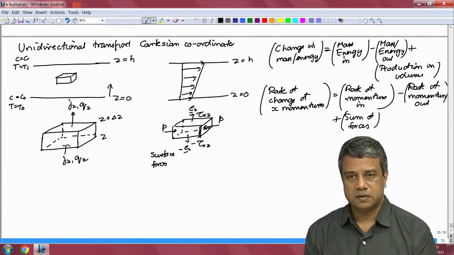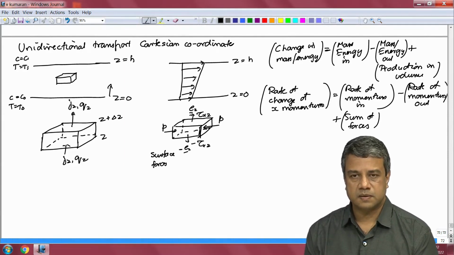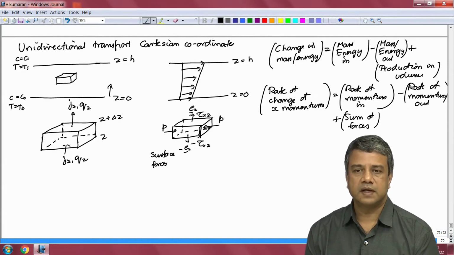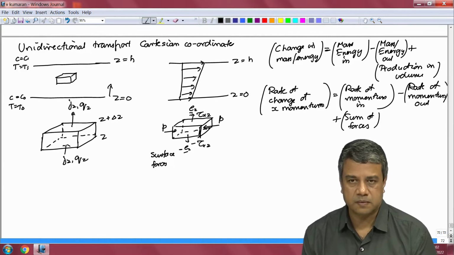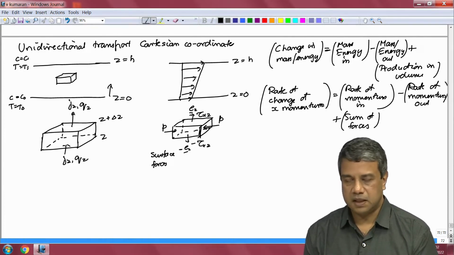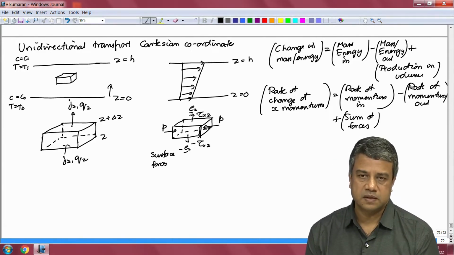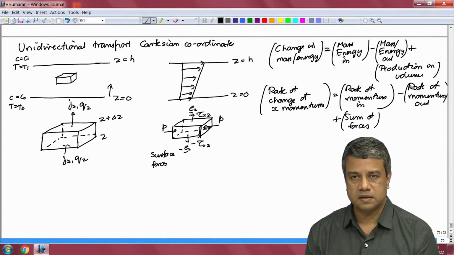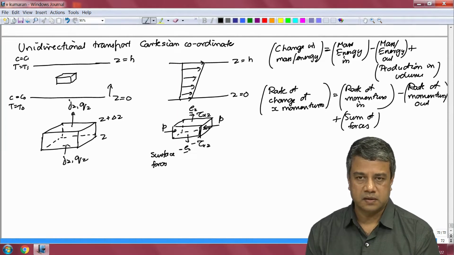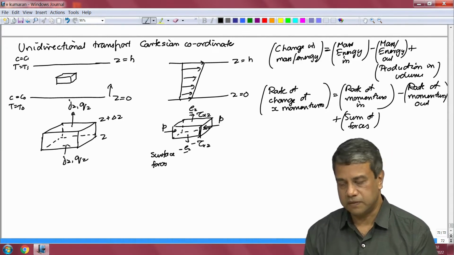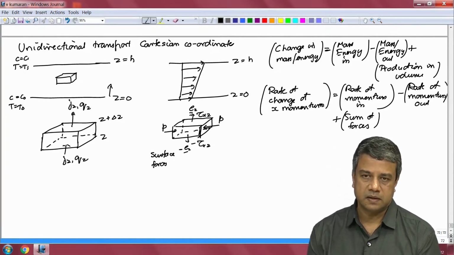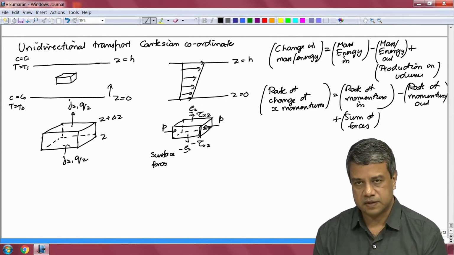So, I said that the shear stress in the positive x direction is tau xz if it acts at a surface whose outward unit normal is in the z direction. X refers to the direction of the force, z refers to the direction of the perpendicular to the surface, the outward perpendicular to the surface. So, if you reverse the direction of the perpendicular, then the direction of the force reverses.